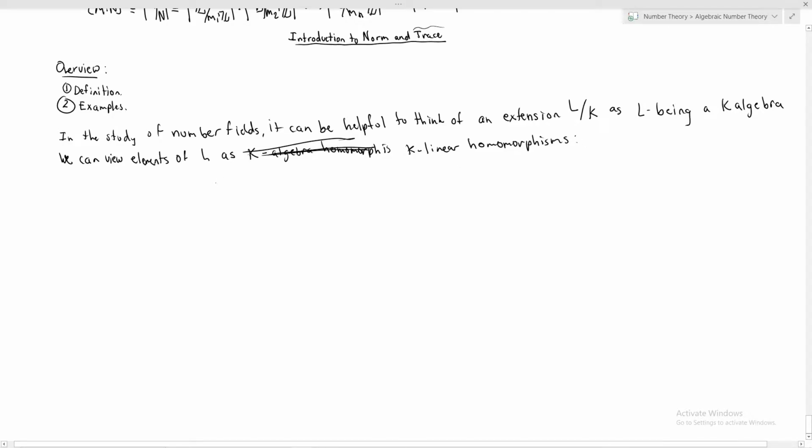Given an element little l in L, this corresponds to the K vector space homomorphism X maps to l times X. So l corresponds to the K linear homomorphism multiplication by l.